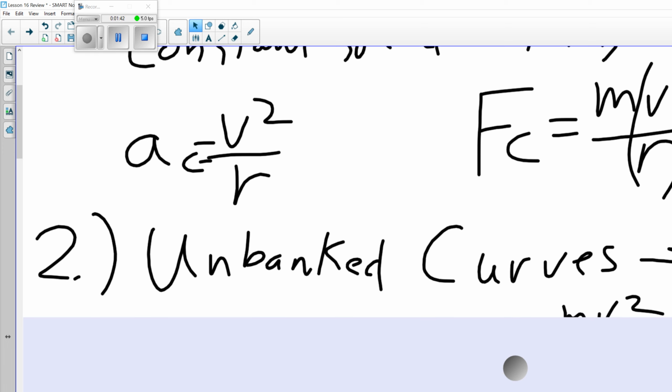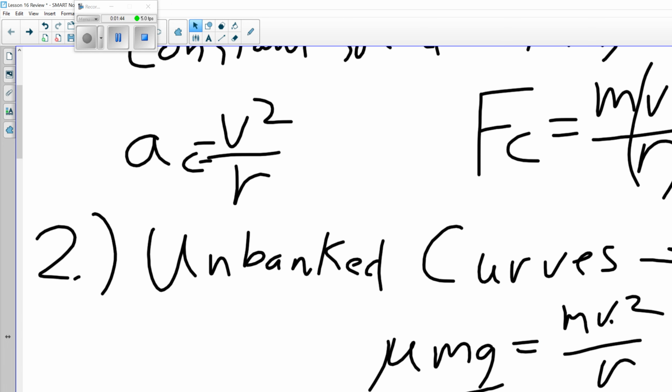Okay, then we talked about unbanked curves, and how in an unbanked curve, the force of friction is what provides your centripetal force, and we did a bunch of problem solving related to unbanked curves.